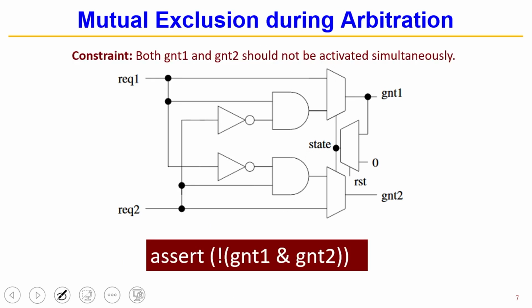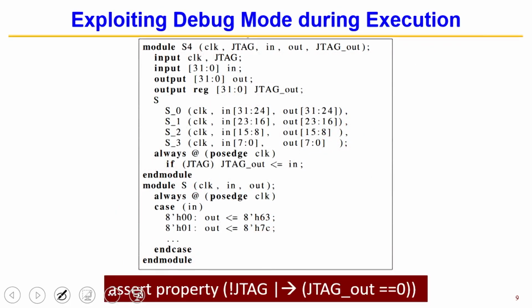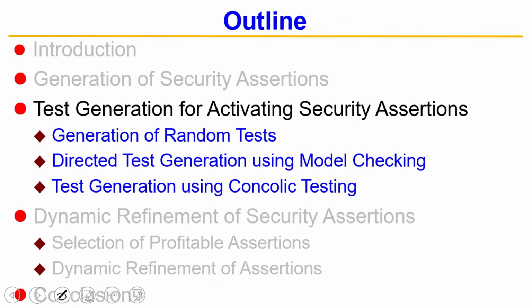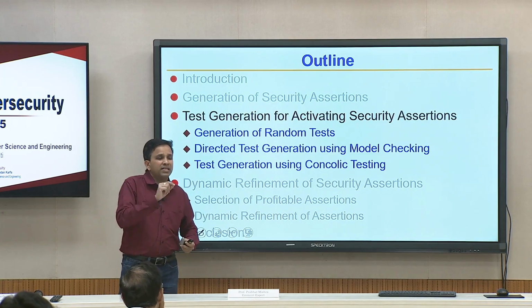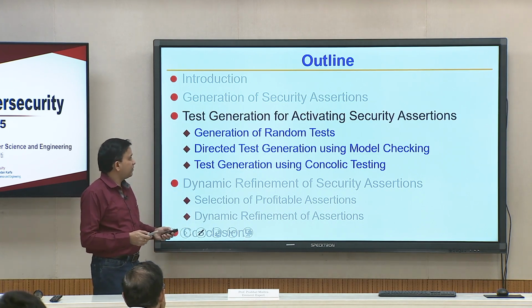We already talked about sample examples, so I am going to skip all of that. The question now is, now that we have all these assertions, how do we activate them? How do we check that those assertions are valid? How do you guarantee that when an actual problem happens, this assertion will actually fire for the right reasons, not for the wrong reasons?